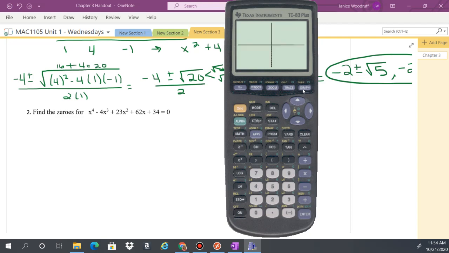All right, so let's take a look at this one. Looks like -1. Okay, -1 is a 0. Also, notice I'm touching and turning at -1, so that's probably going to be a multiplicity.